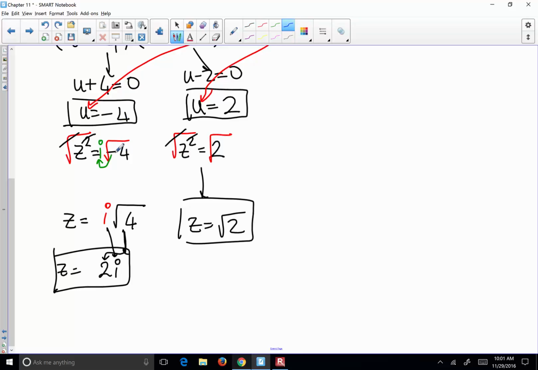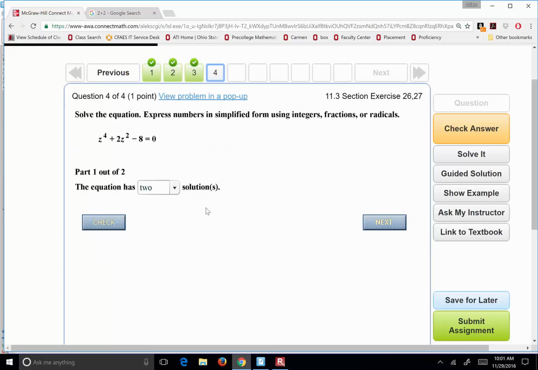When you take the square root of both sides in an equation, square rooting requires a plus and minus sign on the number side, not the variable side. Where is the number side? Here, here. Plus and minus. So you have plus minus 2i, two solutions, plus minus root 2, another 2, in total 4 solutions here.